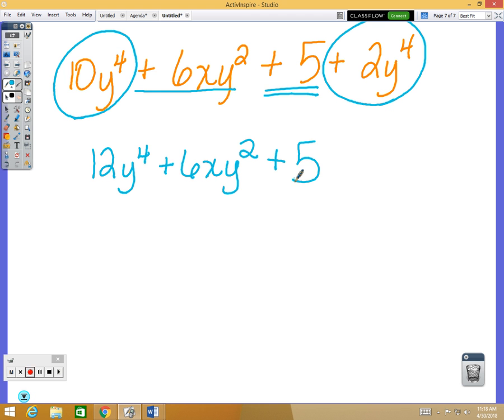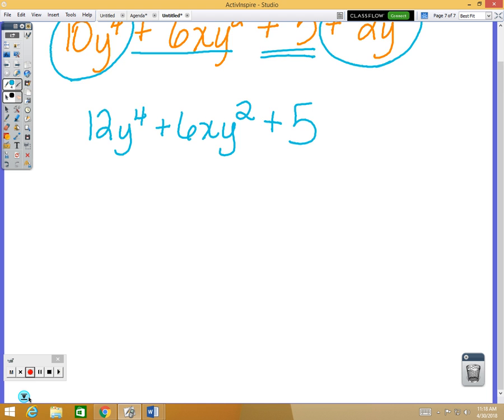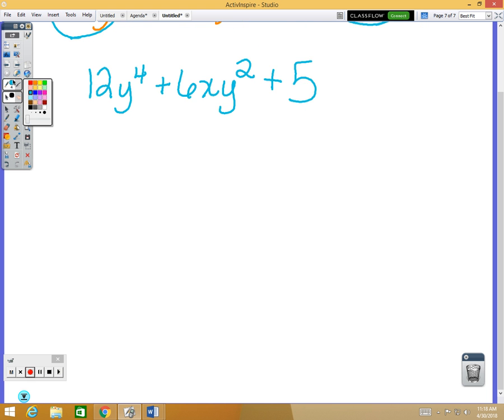Alright, to add a little bit of complexity to it, we have been distributing for many months now. So you will have the distributive property as part of your simplifying process. Let's try that.